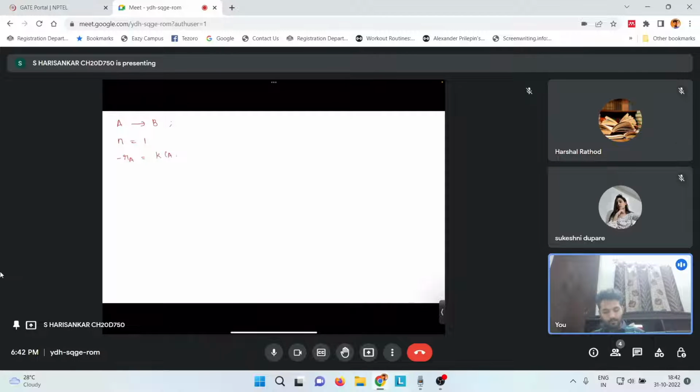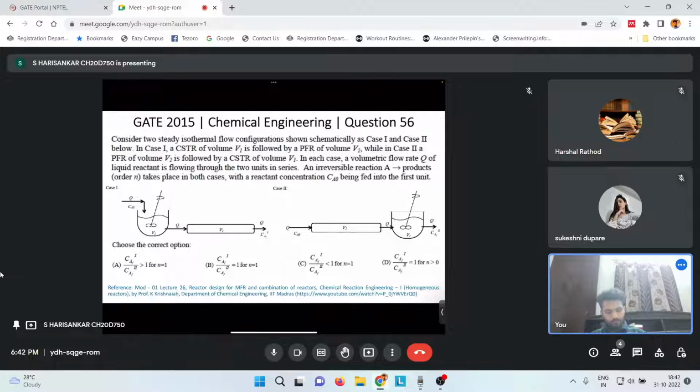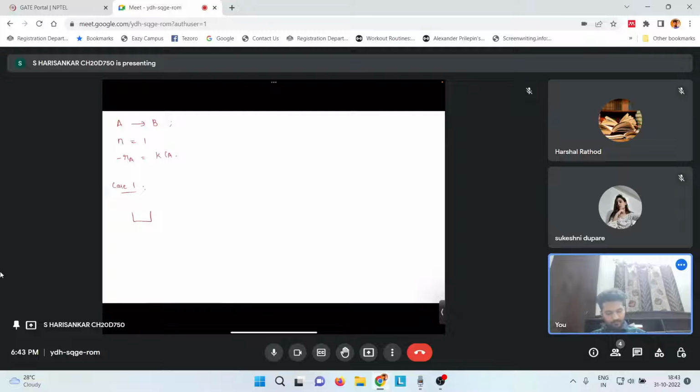So let us take case 1. In case 1, it is a CSTR followed by a PFR. Let us take the entry point as Ca0 and Q, then Ca1 after the CSTR, and the final outlet concentration is CaF.